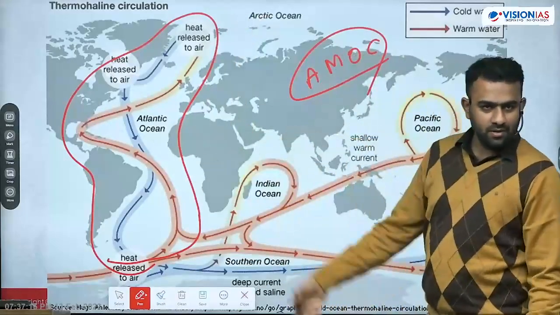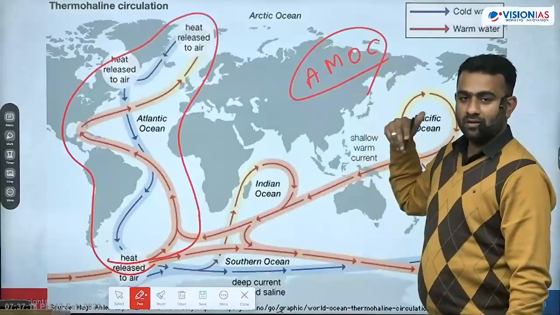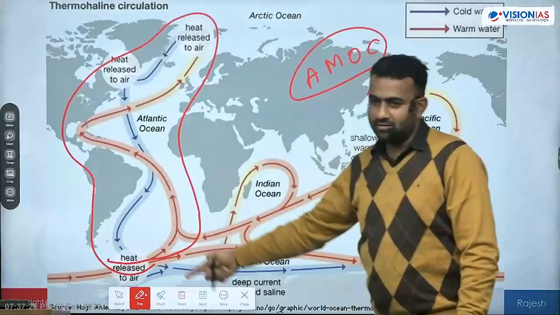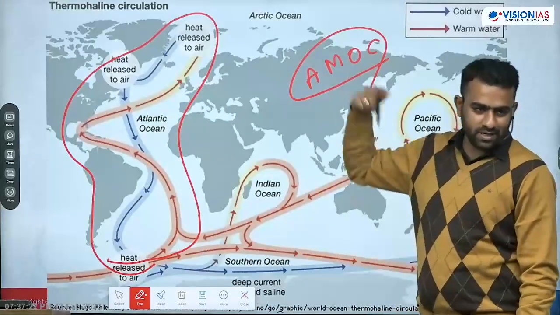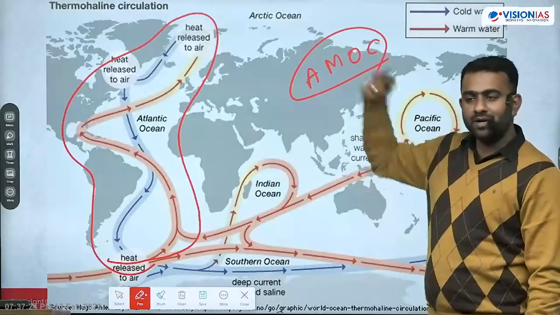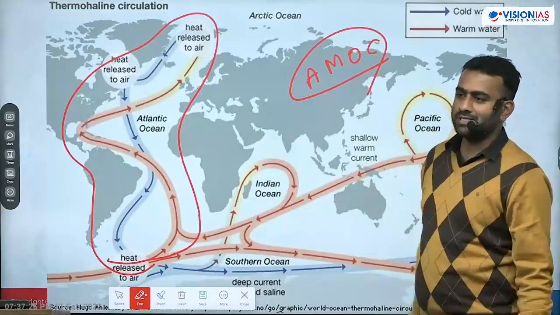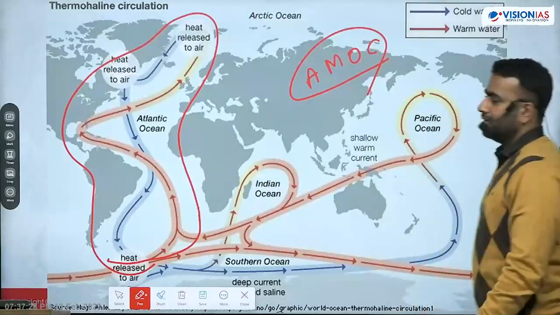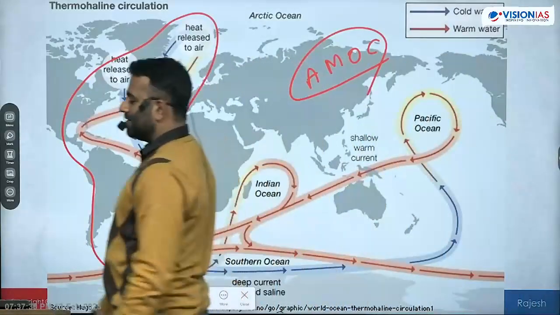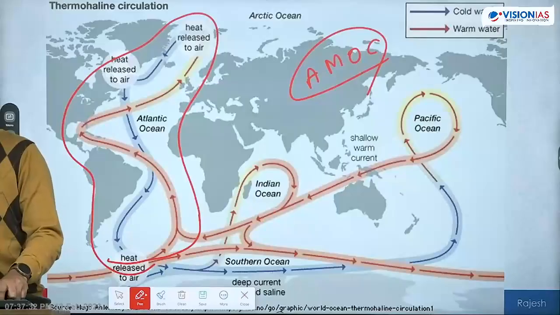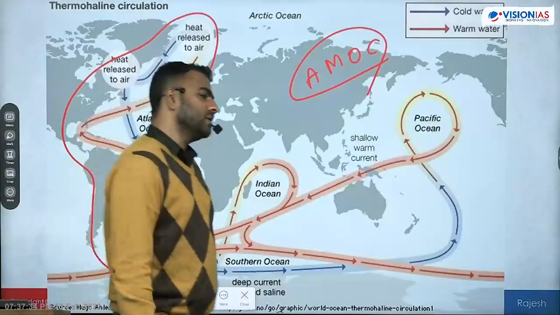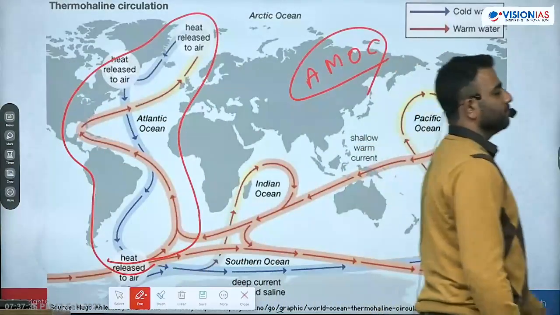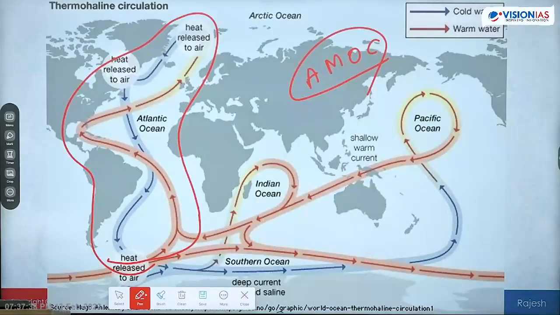Overturning means it comes from the top, comes from the bottom, then from the top again, such an overturning circulation. Along the meridian in the Atlantic region there is an overturning circulation. So this part of the thermohaline circulation is called the Atlantic Meridional Overturning Circulation. This is a very important system of global climatic control. It is like a control system of the global climate.